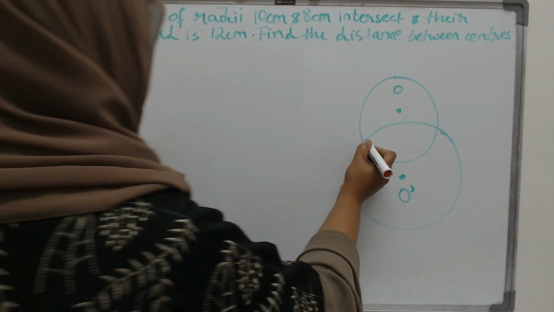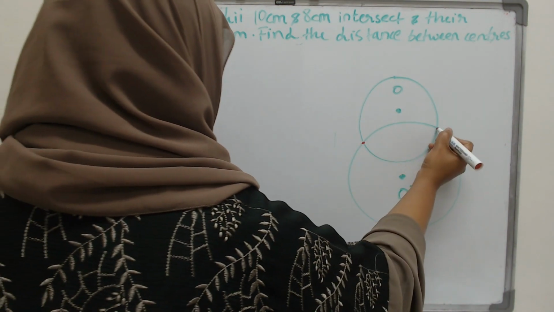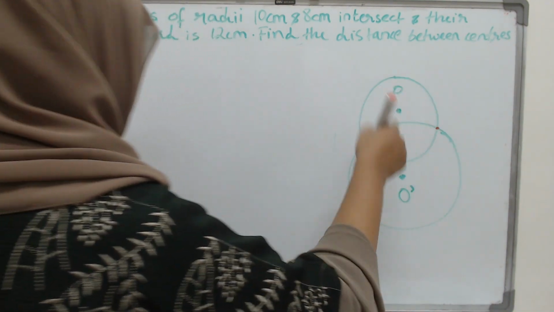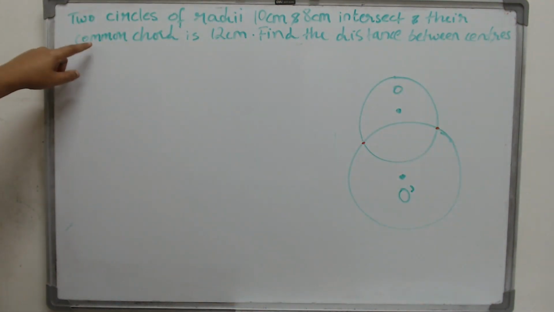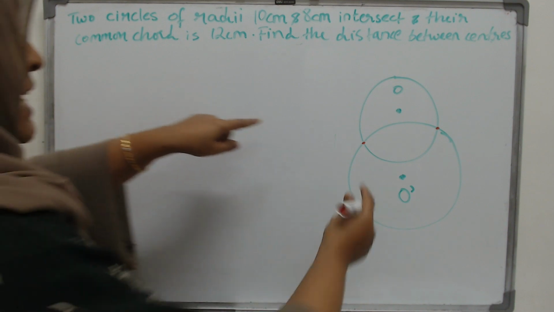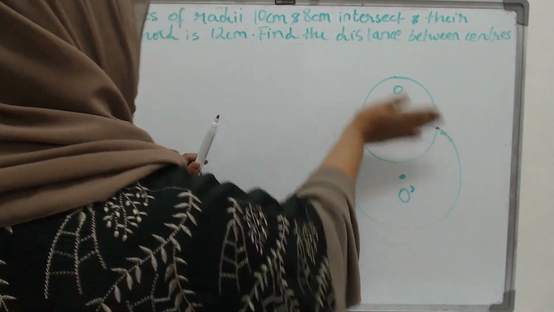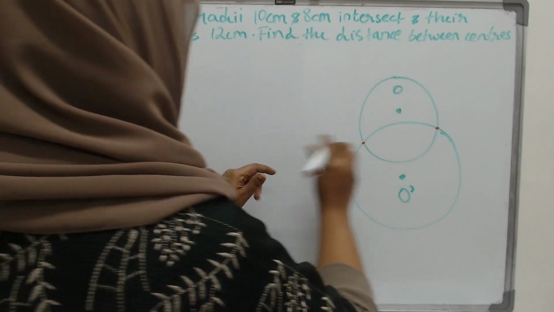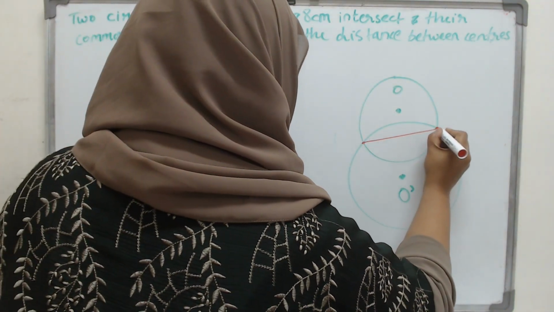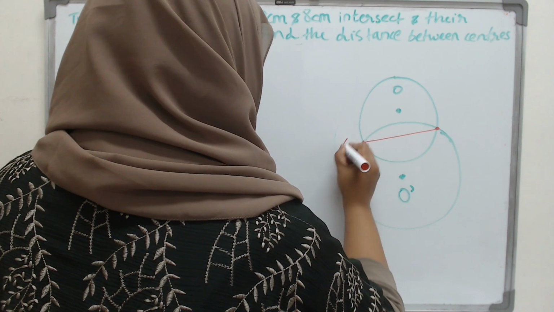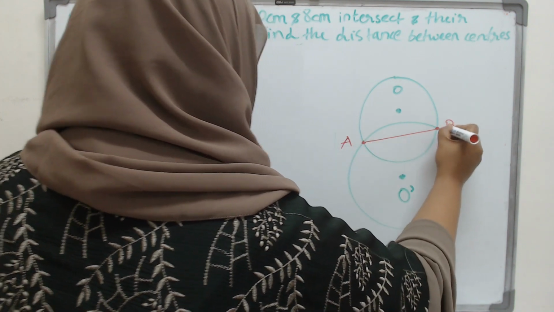What do you know about a chord? Its end points should lie on the circle. So if it is a common chord, it means the end points should lie at the point where it can belong to both the circles. So this is exactly where your common chord is going to lie. Let it be AB.